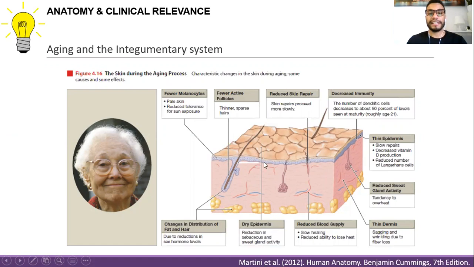The epidermis gets dry as well with the reduction of sebaceous gland activity, and reductions of sex hormone levels that also change the distribution of fat and cause hair loss, because fat and hair are under control of hormones. So those are the main differences that we see during the aging process.